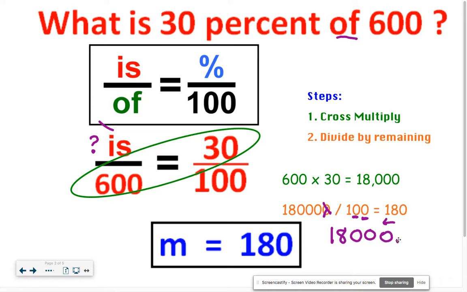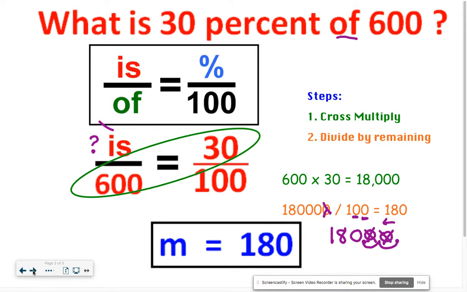So if the decimal is at the end of a number, we're going to move it in 2 places. And since we only had zeros after the decimal, those numbers really are not needed. So our full answer is 180. So what is 30% of 600? 180 is 30% of 600.